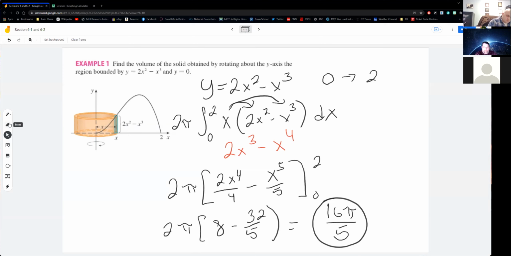You're rotating that whole thing. Sorry, are you pointing at something? Okay. There we go. I draw on a tablet, which is actually a separate computer connected to this, so sometimes it doesn't instantly show. So yeah, you're rotating that shape around the y-axis. That's what you're finding the volume of.